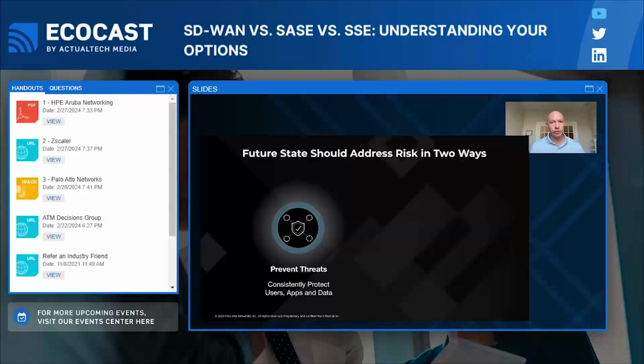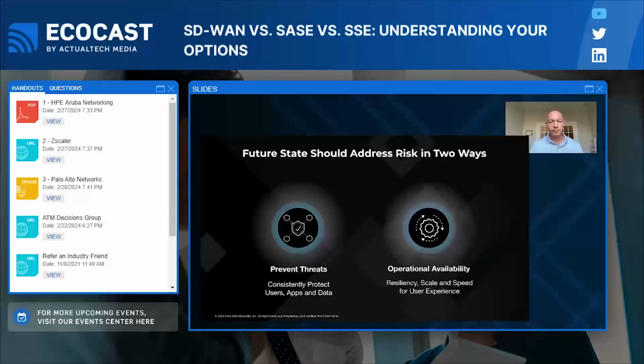Going back to that original statement about work being an activity, not a place, it's got to start with posture, policy, and reach, right? Making sure that we can consistently protect users, apps, and data. We're a security company. Most everybody that's part of this discussion is a security company. That's paramount. However, equally as important, we need to be thinking about operational availability, operational risk, right?